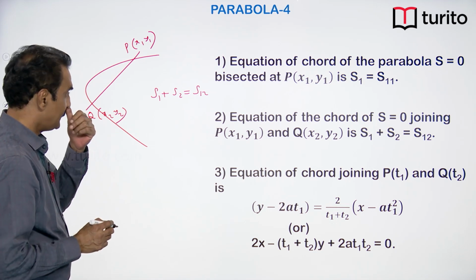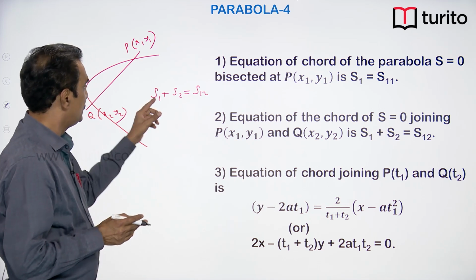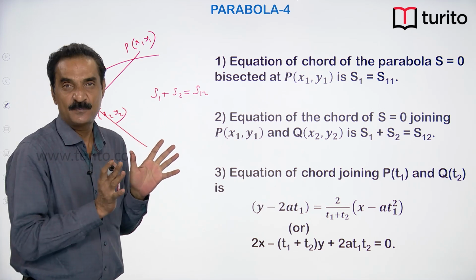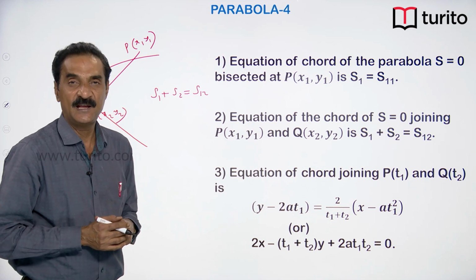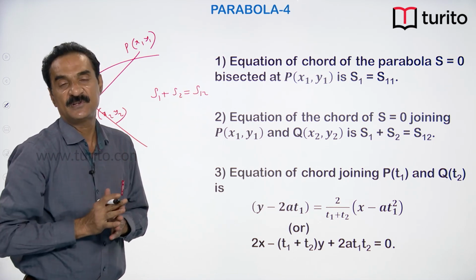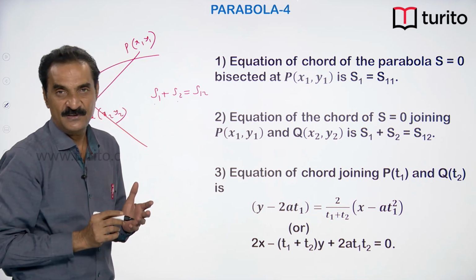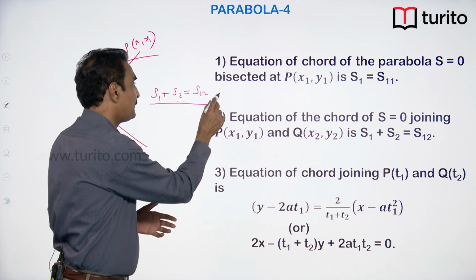If you take the equation S1 plus S2 is equal to S12, S1 is a first degree expression, S2 is a first degree expression, you will agree. S12 is some constant term. So, first degree plus first degree will be first degree. So, this is totally a first degree equation.